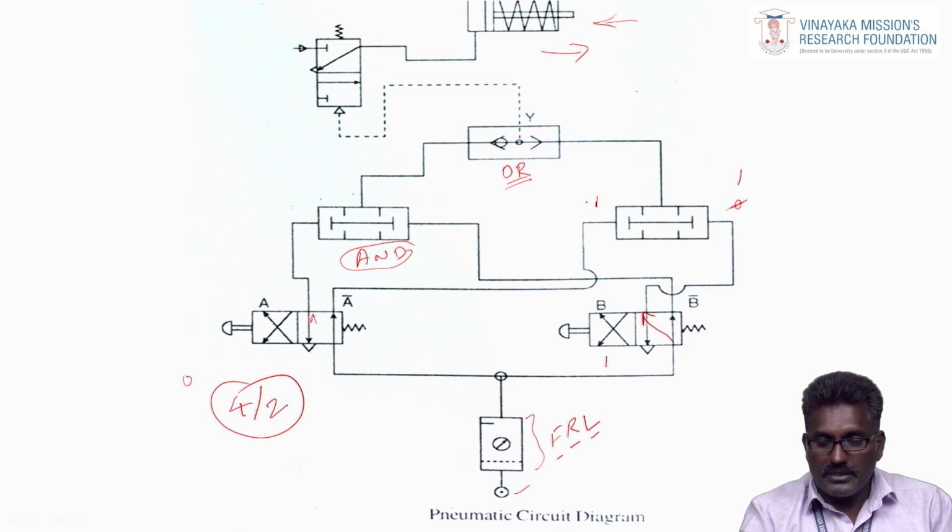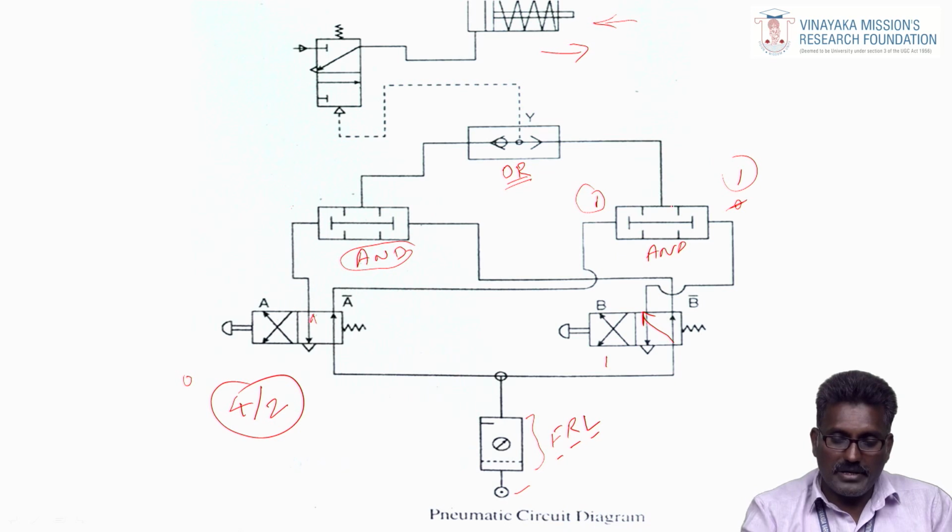So this signal comes, it is satisfied, it is also an AND valve. A and B, the two inputs are available and it produces output. Here it is the OR valve, any one output is there, it produces output, and it actuates this switch, and this switch actuates the cylinder, the cylinder moves forward.